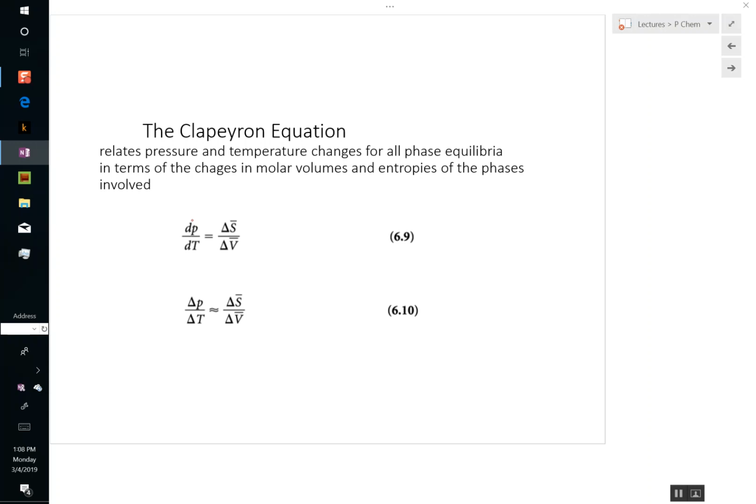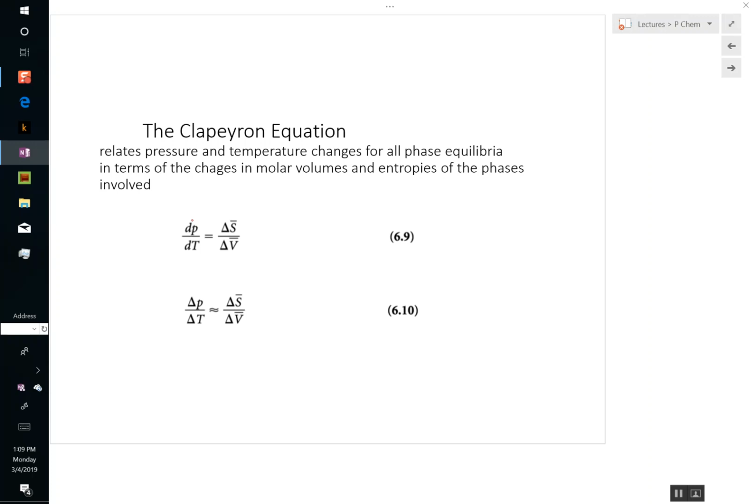This would be the same as changing entropy over volume, because those molar values cancel out. All we've got here are infinitesimal changes in pressure and temperature, so that is the exact equation.